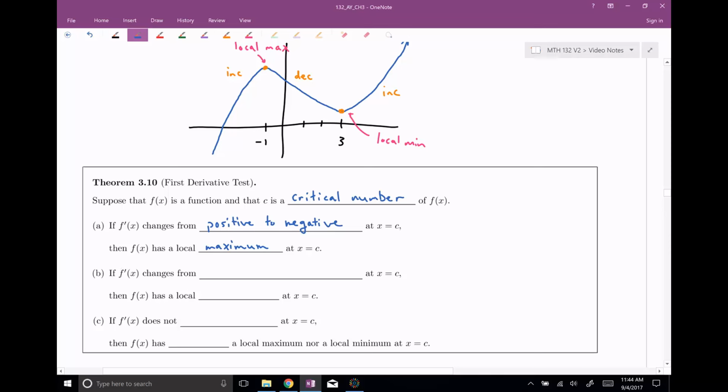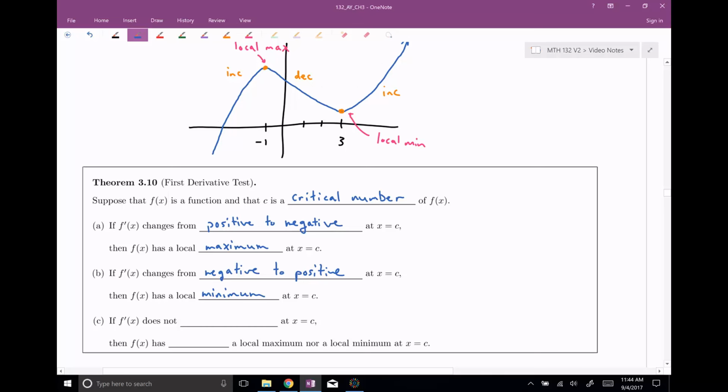Likewise, if the derivative changes from negative to positive at that critical number c, then f has, well, again, if the derivative is negative, that means the function's decreasing. If the derivative's positive, that means the function's increasing. So if it changes from decreasing to increasing, that means we have a local minimum.